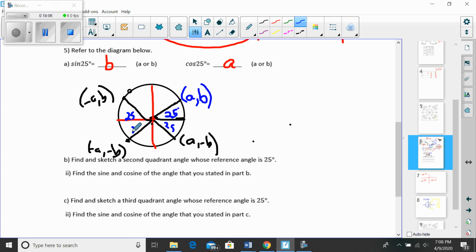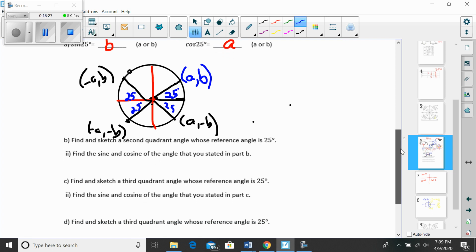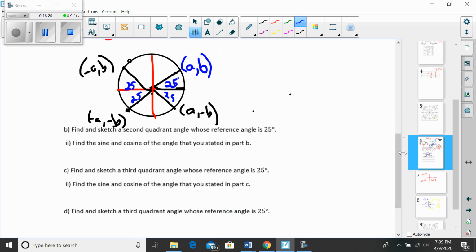And this is 25 degrees. Okay, so what are the angles that have that as its reference angle? Okay, so pause the video and try to find that in quadrants 2, 3, and 4, and then find sine and cosine of the angle that you stated.